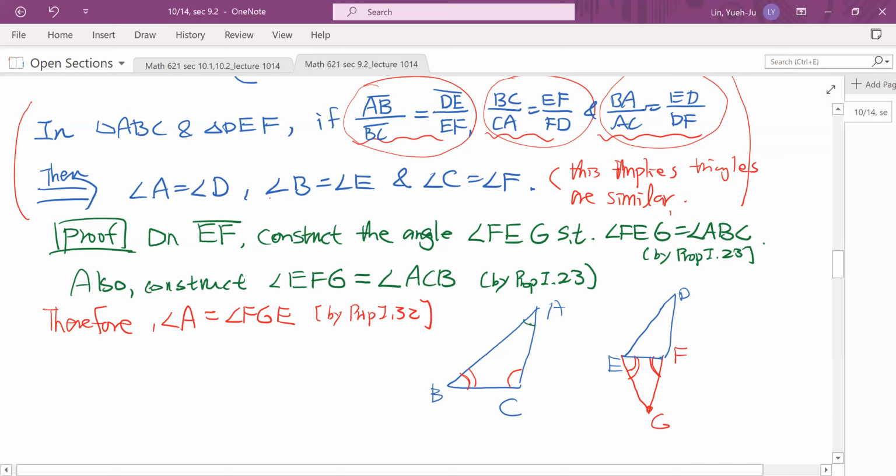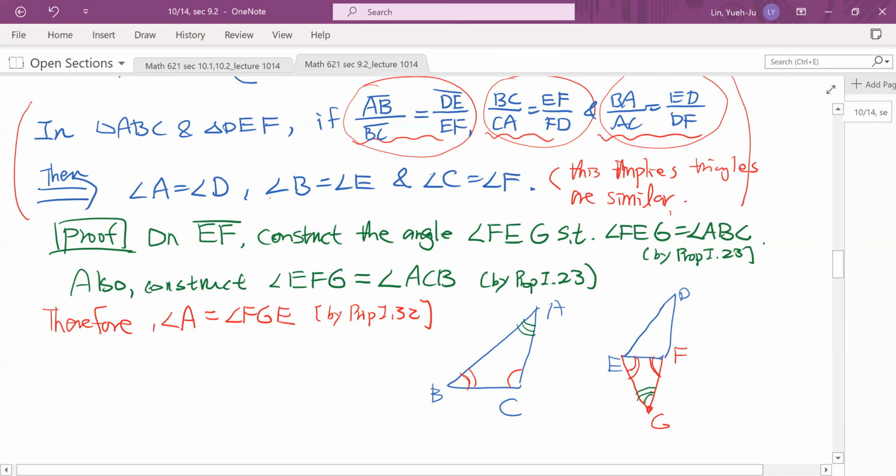Angle A here is equal to this angle G. Now if that's the case, you can see that triangle ABC and EFG, this extra triangle we drew, are already equiangular, right? Then that means we can use the AAA similarity scheme to show that they are similar.